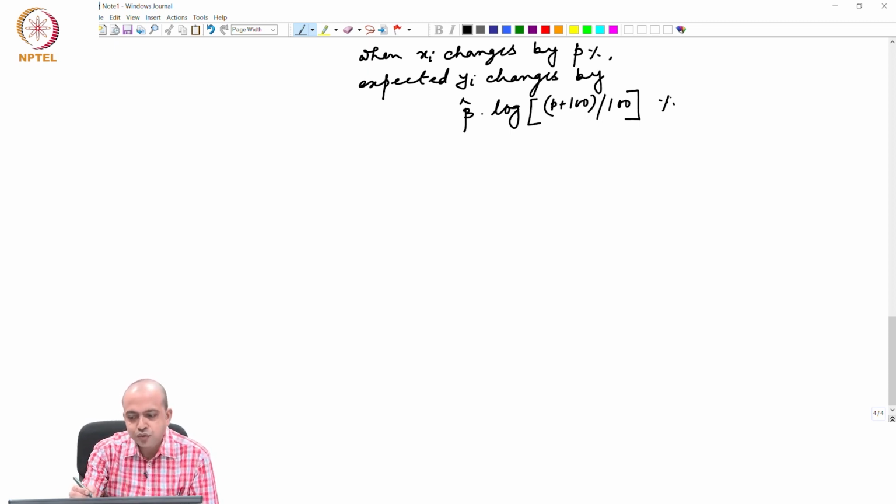So, let us say p is 10, there is a 10% change in x.